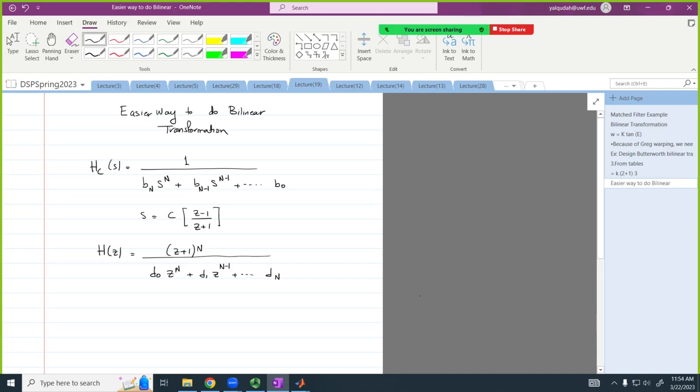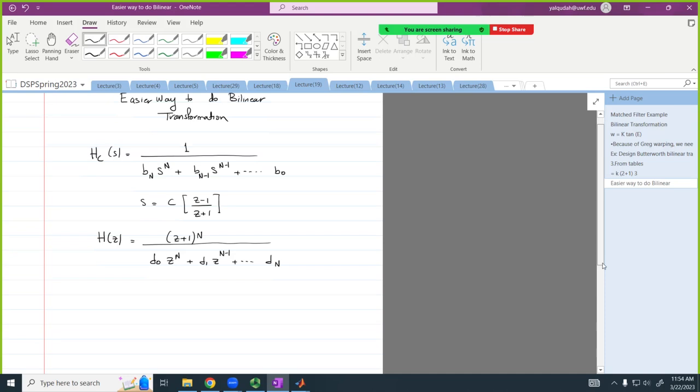So given the normalized filter that we got when we first started designing the filter, and knowing the filter order, I want to be able to go from H of S to H of Z. This is what I want, my digital filter.